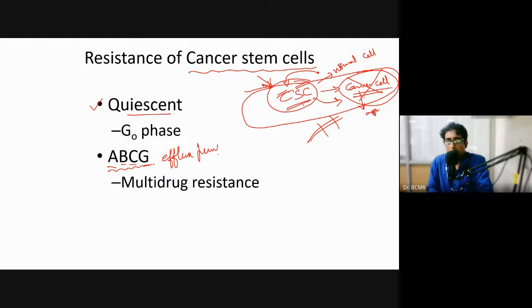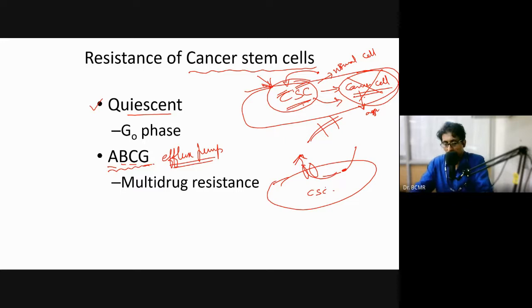So they do have a high amount of efflux pumps, because of which, even if a drug entered into the cancer stem cell, because it has high ABCG2, it will be pumped out, thereby protecting the cancer stem cell. Okay, so these are at least two of the mechanisms that are resulting in the resistance of cancer stem cells to drugs.